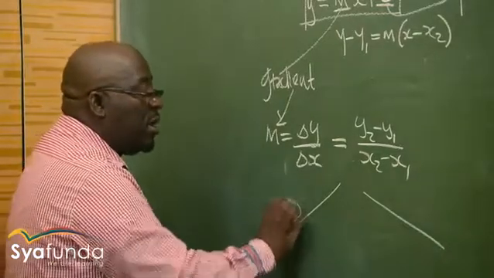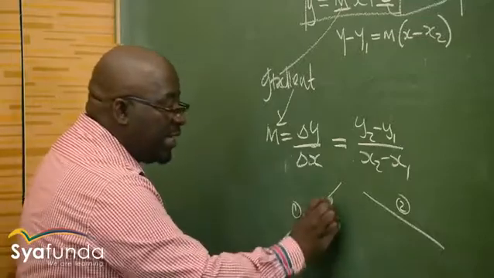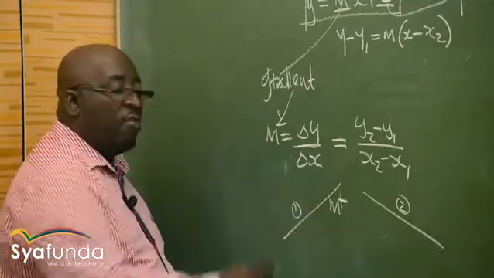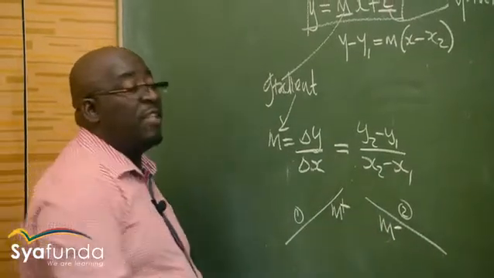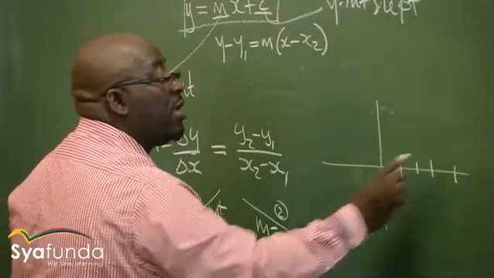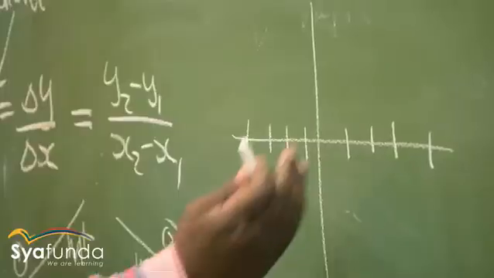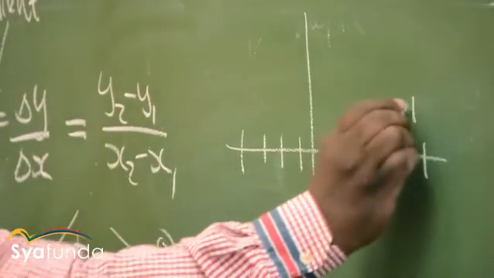If this is line 1 and this is line 2, you must know that for line 1, the gradient will be positive. For line 2, the gradient will be negative. Suppose we forget, this usually helps me to remember which one is positive and which one is negative. Look at this axis this side and look at this axis. How are these axes that side? They are positive. All the axes this side are positive.